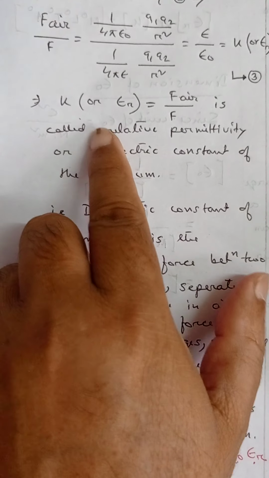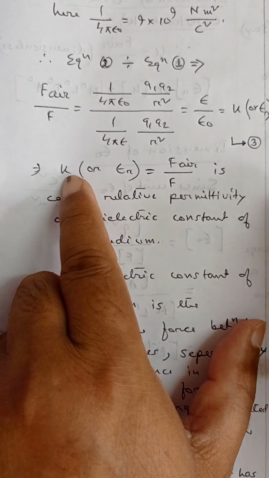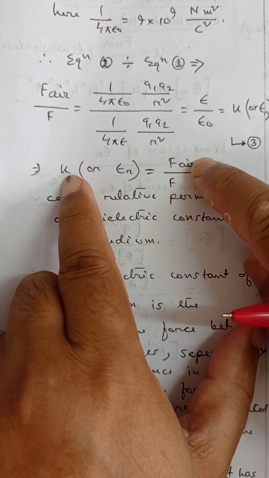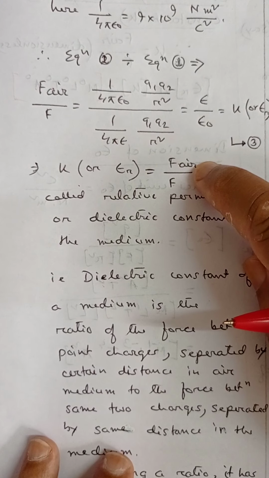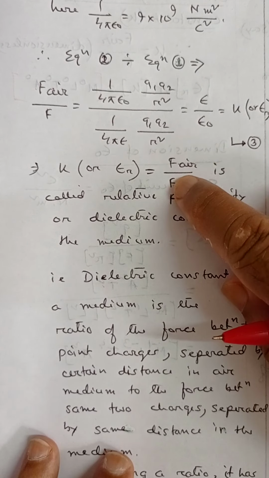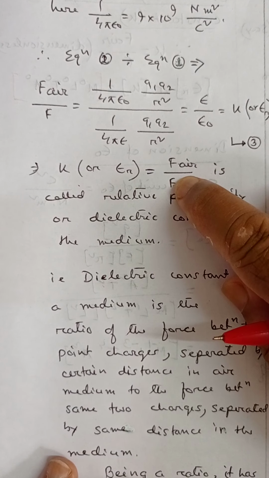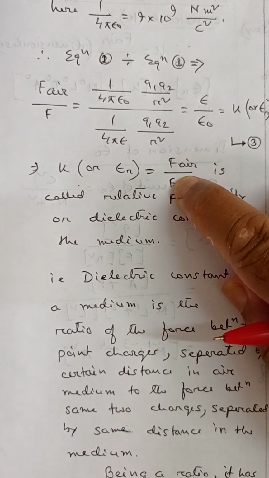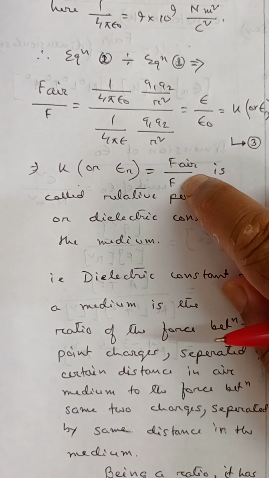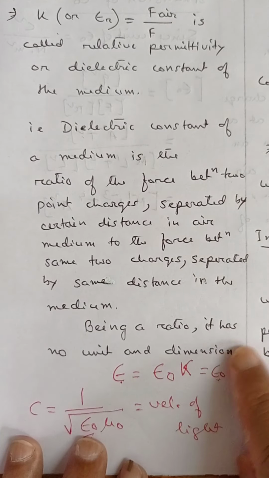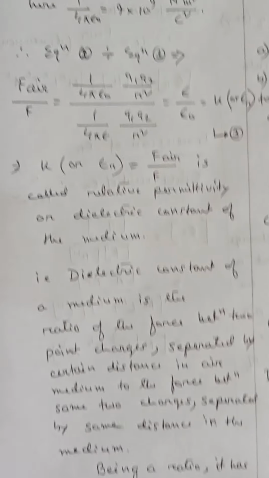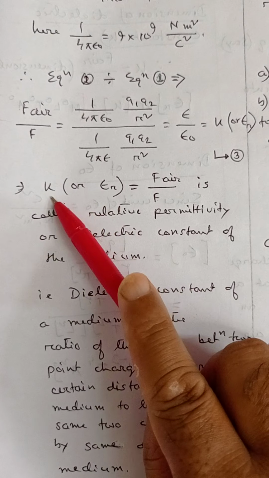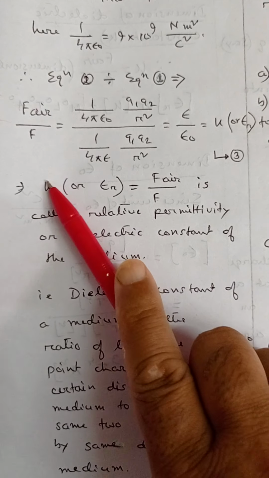K is nothing but the ratio of the force between two point charges separated by a certain distance in air medium to the force between the same two point charges separated by the same distance in the medium. Being a ratio, it has no unit or dimension. So what is the dielectric constant or relative permittivity of the medium?